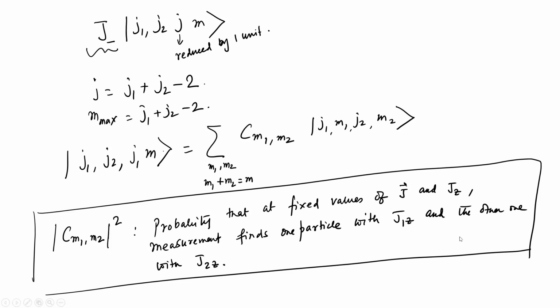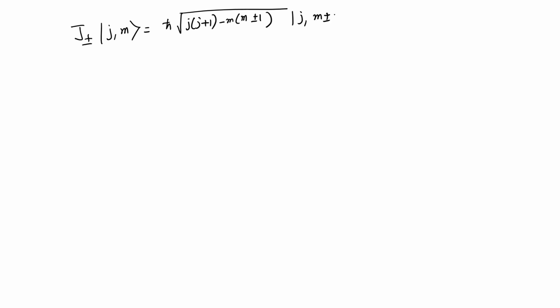All right, let me give you an example. Before that, let me write down this j plus minus, which I may not have written down earlier, but you can find it in any book. It is h cross times the square root of j(j+1) minus m(m±1), times the state j, m±1. This is for individual particles.